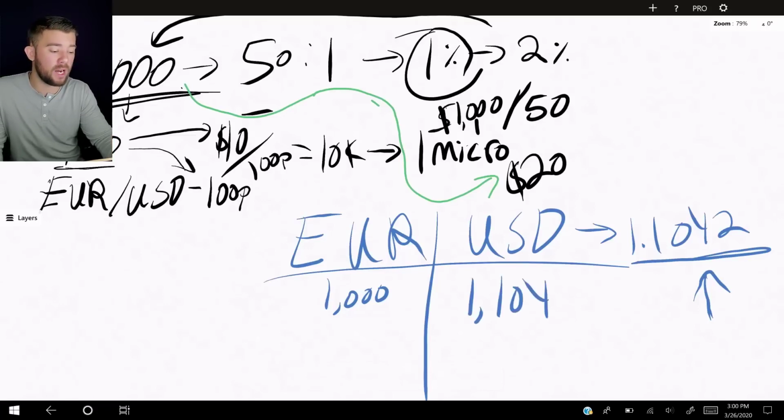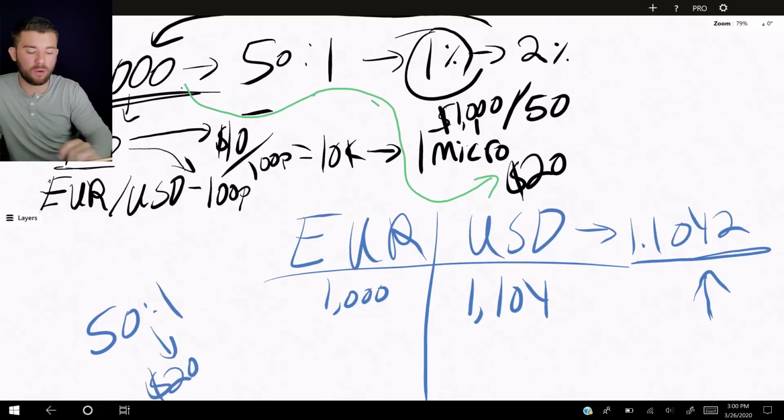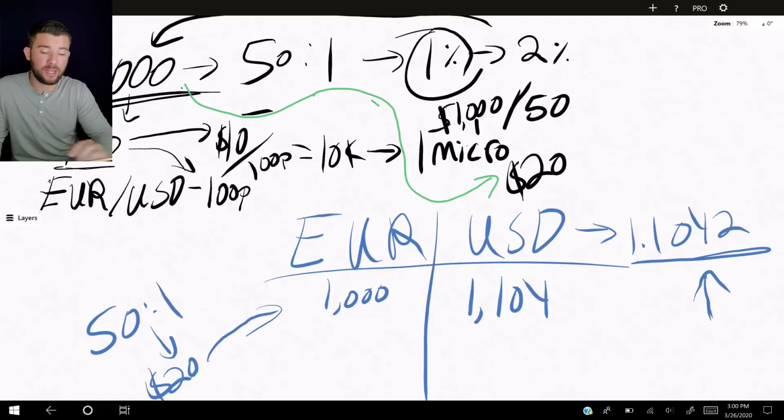They say, okay, if you want 1,000 euros, we're going to need $1,104 from you. But then the broker goes, I've got you at 50 to 1 leverage, which means we really only need $20 on margin for you to do this, because your $20 is equal to 1,000 units. So you say, cool, here's my $20, hold on to it. I'll hold these 1,000 units until the price fluctuates either up or down.